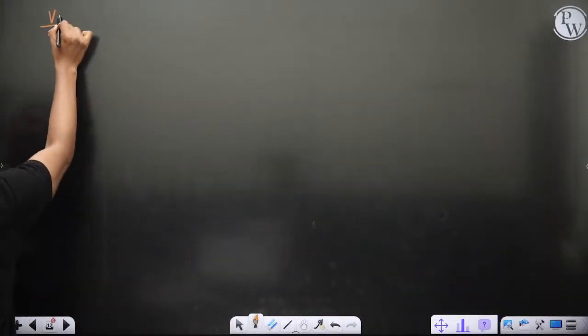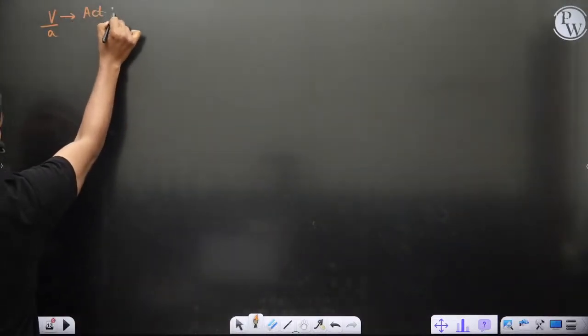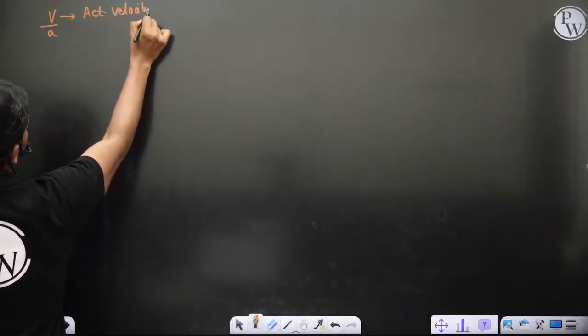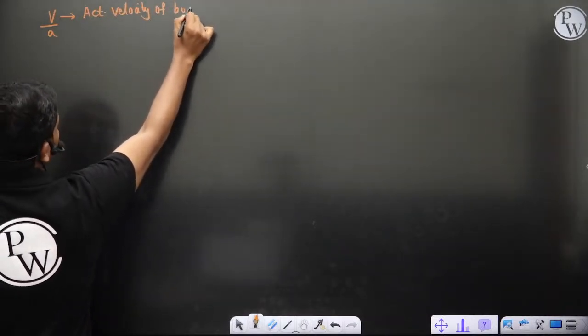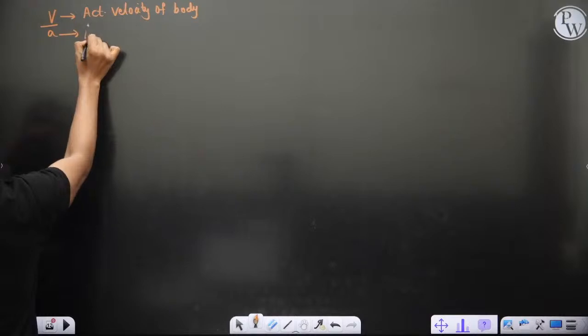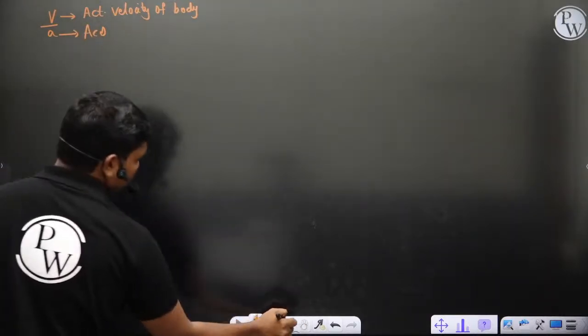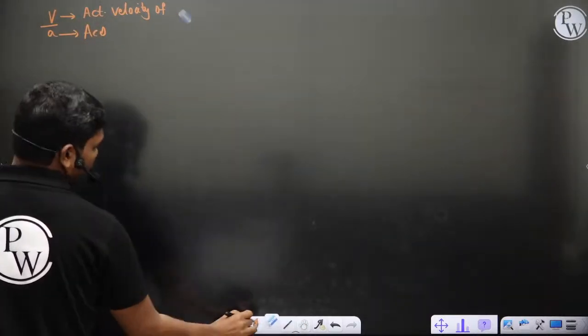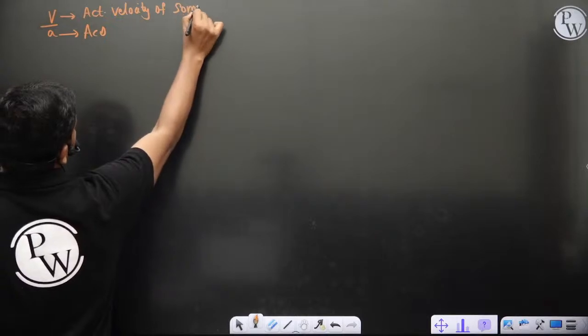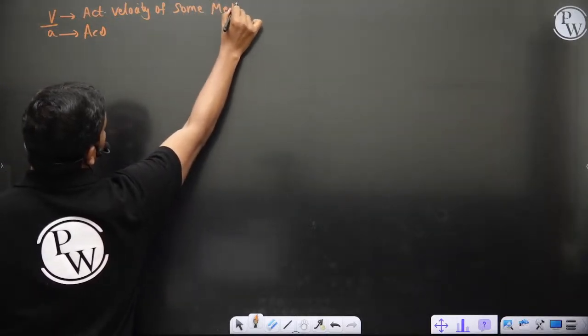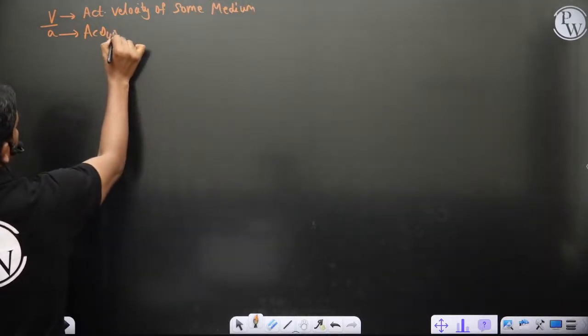So v by a, where v is the actual velocity of some body in the fluid, and a is the acoustic velocity in the medium, it may be gas or liquid, whatever.